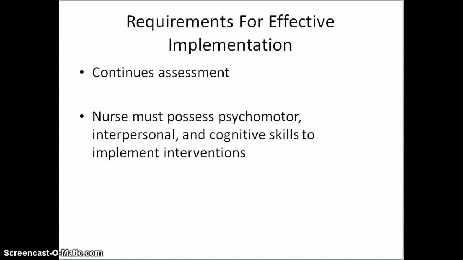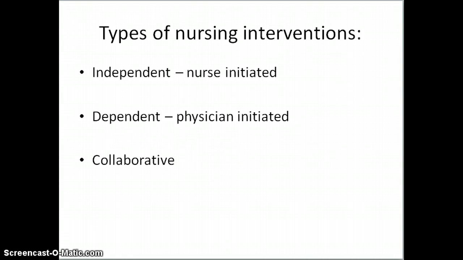We need to know our agency policies and procedures to know what we are able to do in our job as a nurse. There are types of nursing interventions that are independent. We can do them and initiate them on our own. Turning a patient every 2 hours because we're worried about skin breakdown is one.